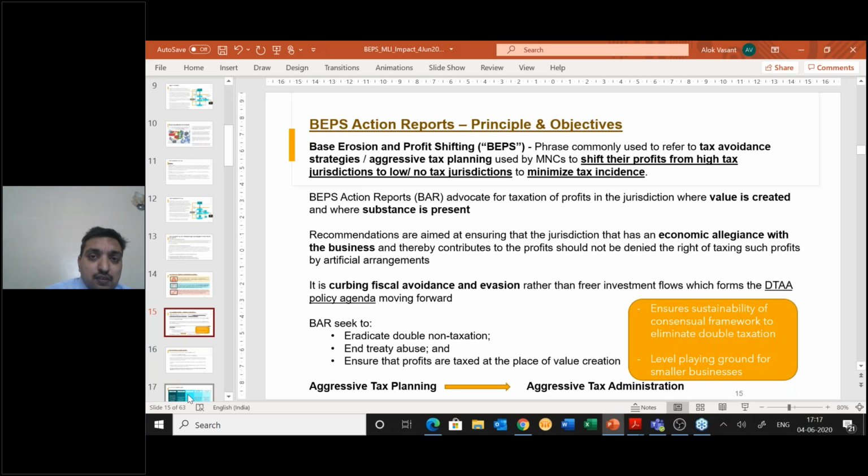And the idea is to ensure that if you implement BEPS action plans, it will ensure sustainability of consensual framework to eliminate double taxation.